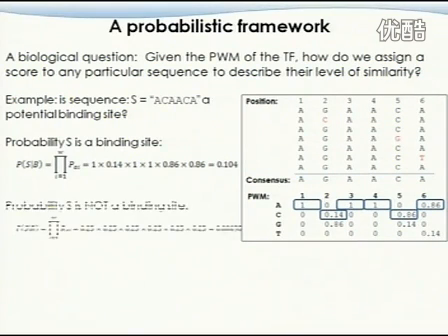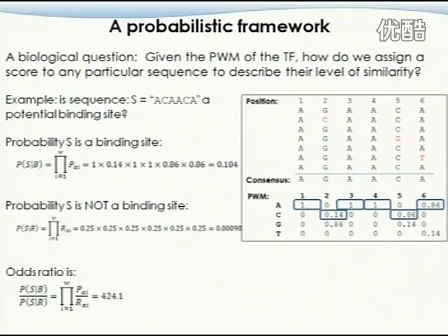Okay? And another thing I want to calculate is the probability that this is not a binding site. If this is not a binding site, it's a random sequence, then I have a 25% chance to observe A, C, G or T at every single nucleotide. And then your probabilities multiplied together will be this tiny, tiny number. Okay?